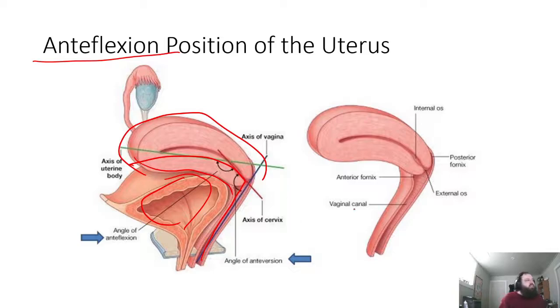And as a result of this orientation, this is the cervix right here, and that's the vagina. The cervix is pointing in this direction, so it's projecting inferiorly and posteriorly. And you'll notice that it enters into the vagina, which is this part right here, at virtually a right angle, at 90 degrees.